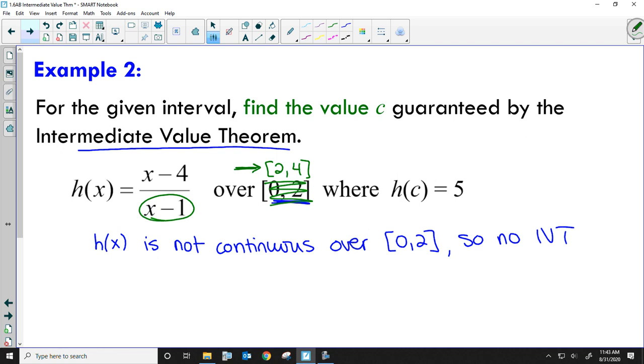So then h of x would be continuous over that interval, and then you would check what h of 2 is, right? Like h of x is continuous 2 to 4. And so then we'd want to look at what h of 2 is and h of 4 is, and then we'd want to see, is 5 in between there, okay? And then we would proceed.